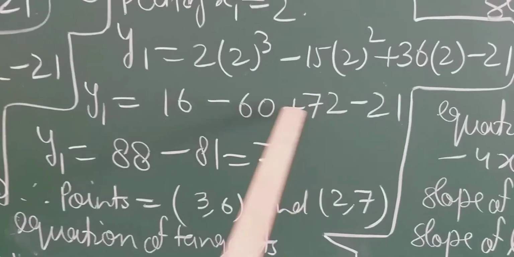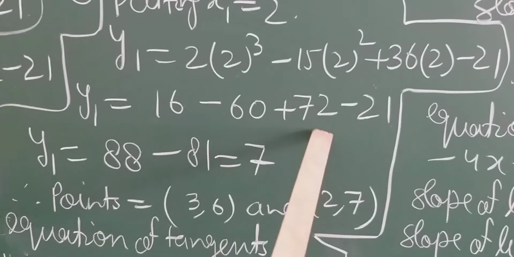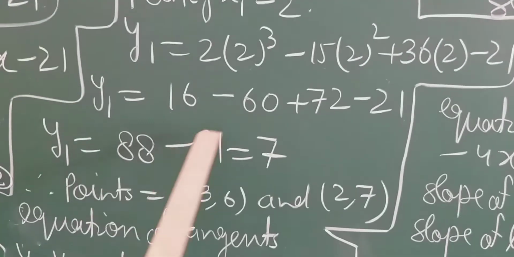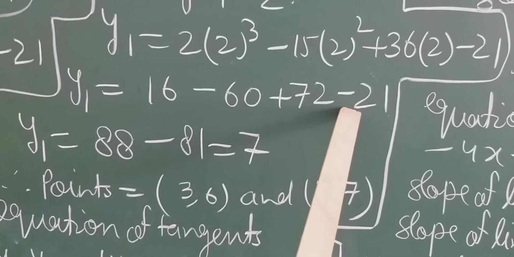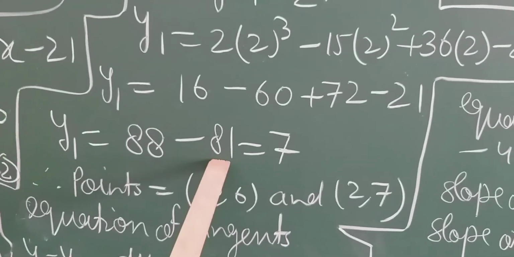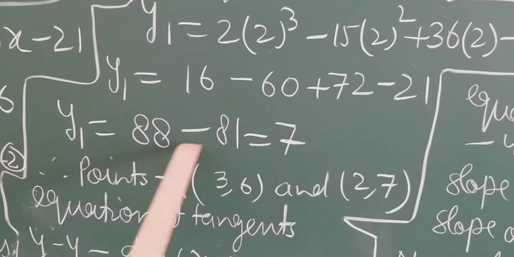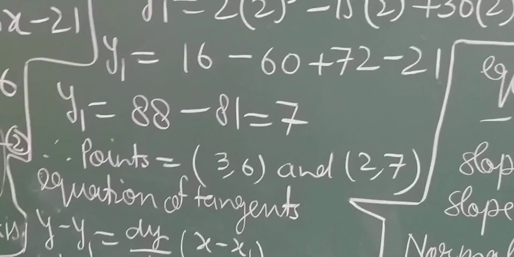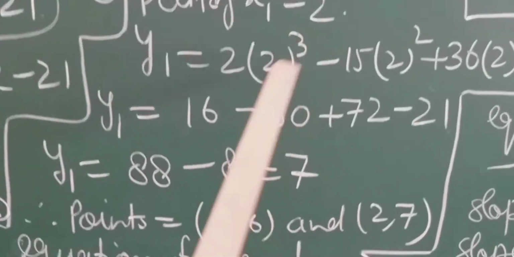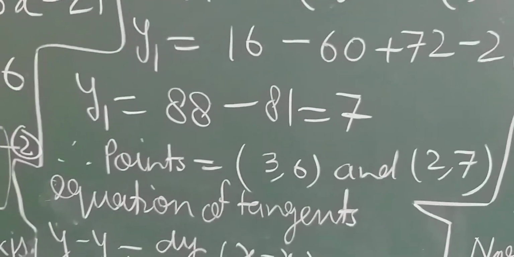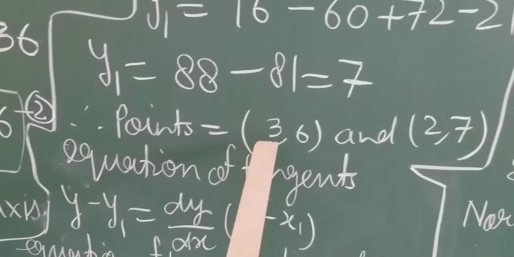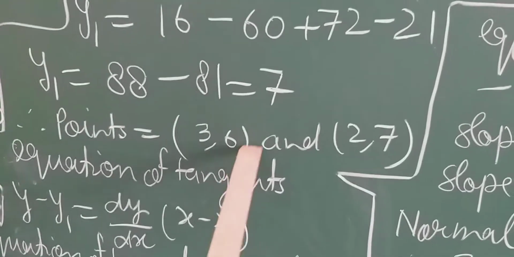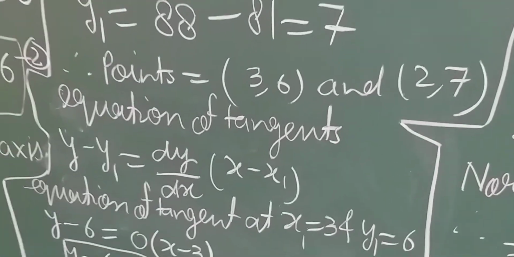The positive terms: 72 plus 16 equals 88. The negative terms: minus 60 plus minus 21 is minus 81. So 88 minus 81 is 7. So y1 equals 7. So at x1 equals 2, y1 is coming 7. So there are 2 points: (3, 6) and (2, 7).